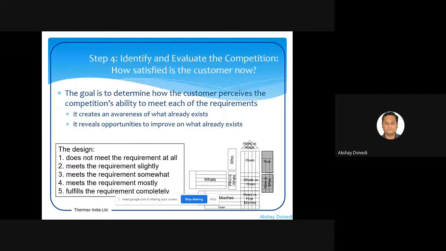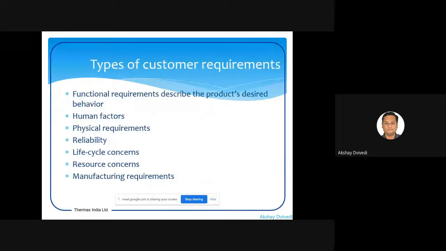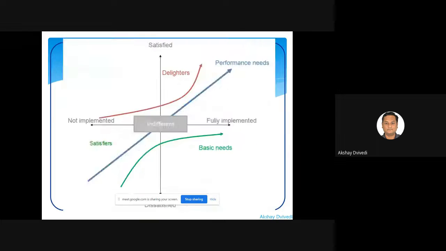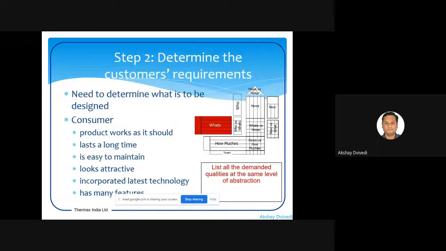step by step, to understand how this process actually works, we have to build a house of quality, and one by one I'll be talking about those steps, though as an overview I've given a quick understanding of how to make it.